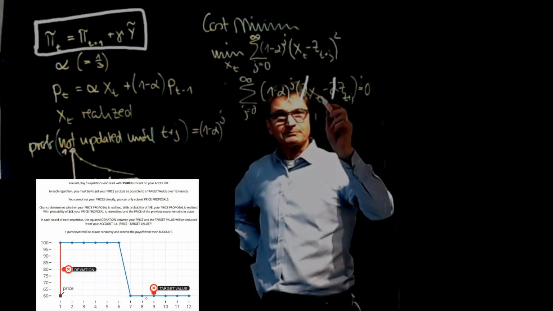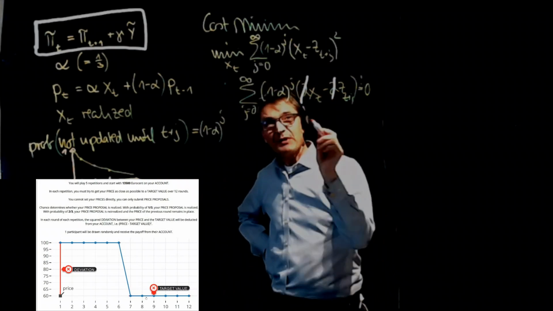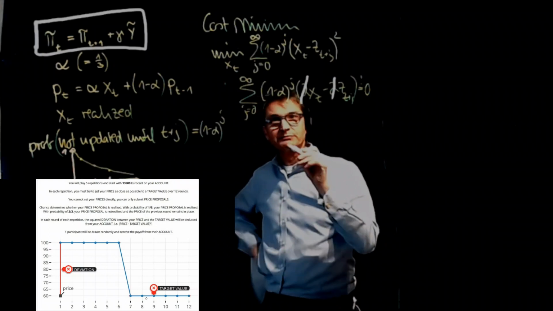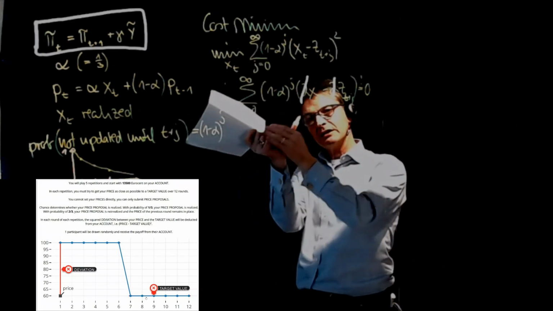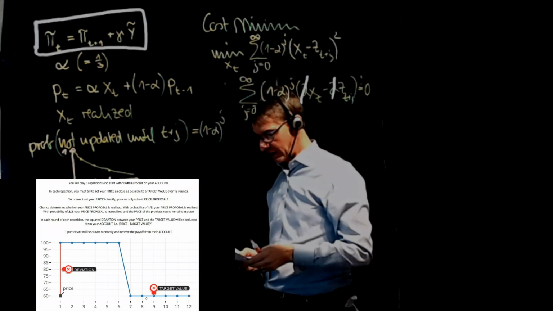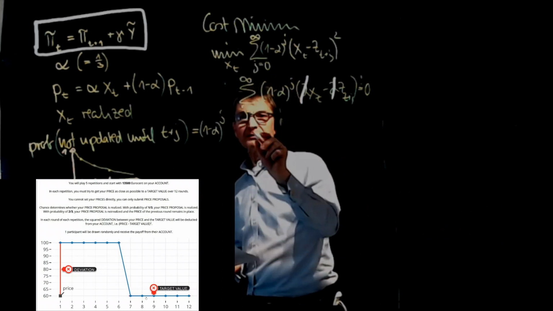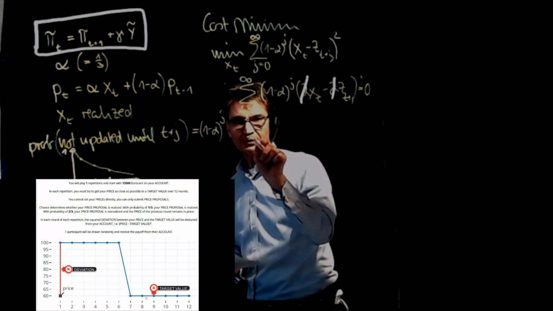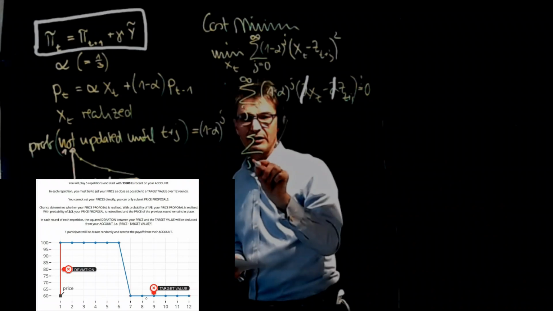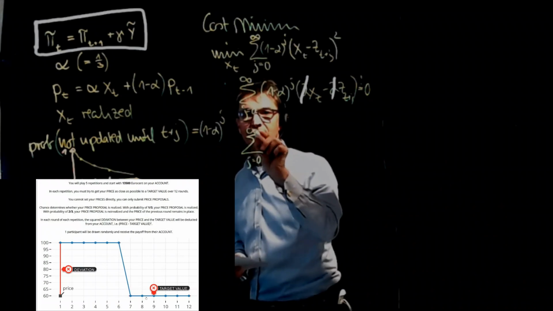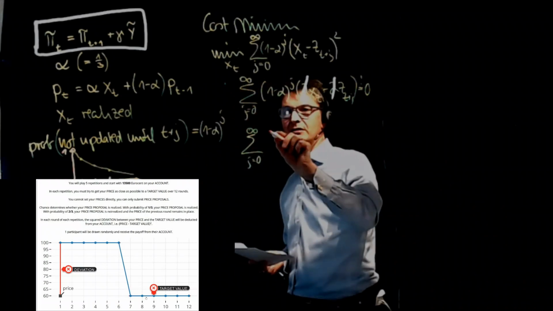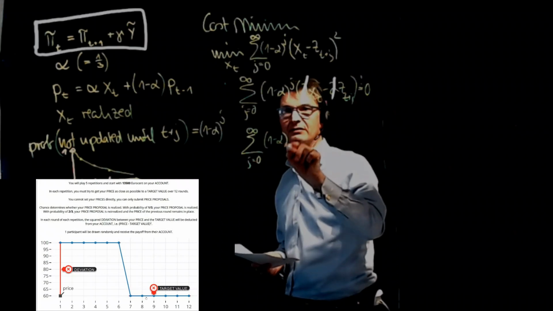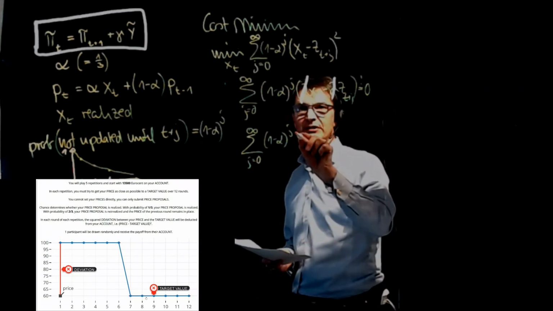Now, the x_t basically is a constant. And we can rewrite the whole sum as the sum from 0 to infinity of (1 minus alpha)^j times x_t.